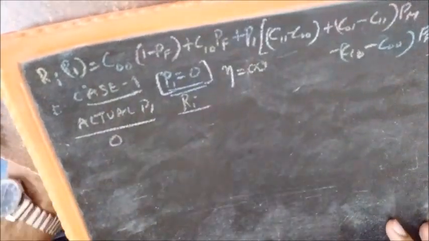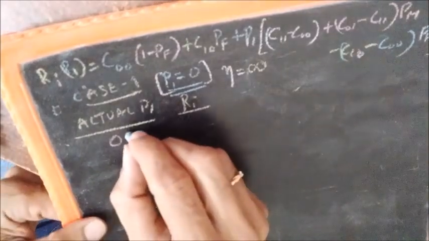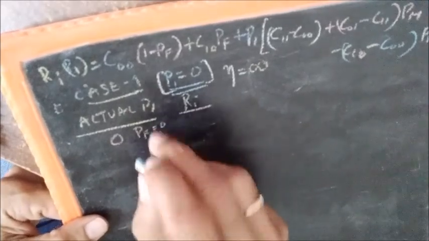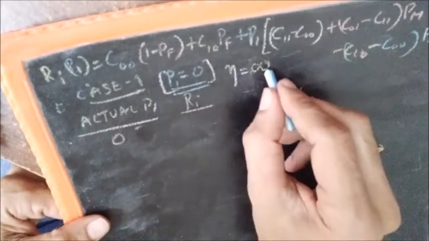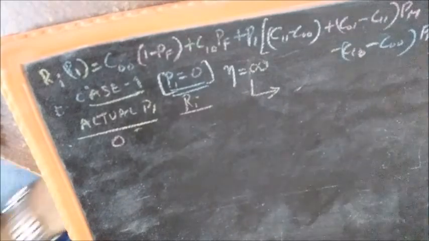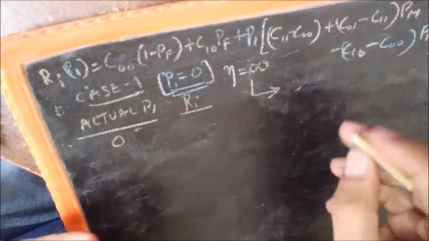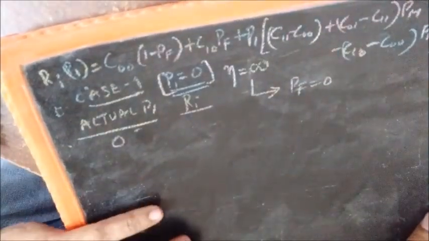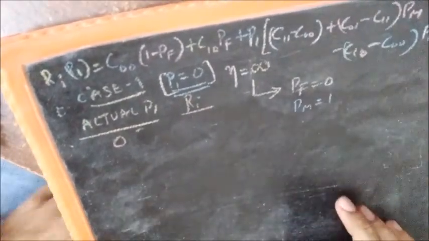So let actual P1 be 0. Let's start with 0. If actual P1 is 0, PF is 0. Of course, before I start this, I can straight away mention, when you have set the threshold as infinity, you are always saying H0 is the true hypothesis, which means that the probability of a false alarm is 0, and by definition the probability of miss becomes 1.